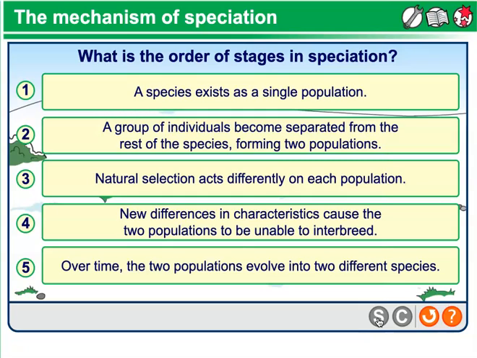Number 3, natural selection acts differently on each population. Number 4, new differences in characteristics cause the two populations to be unable to interbreed. And number 5, over time, the two populations evolve into two different species.